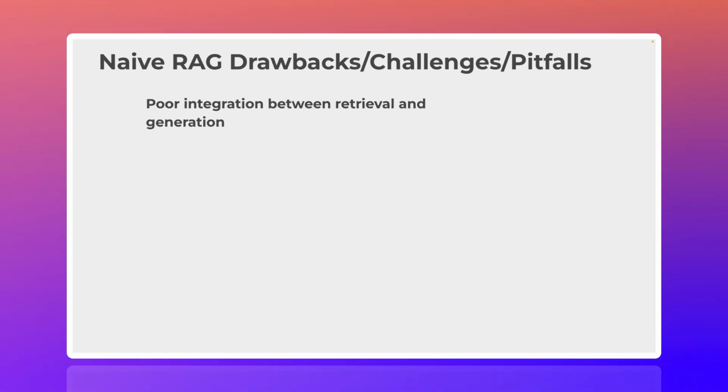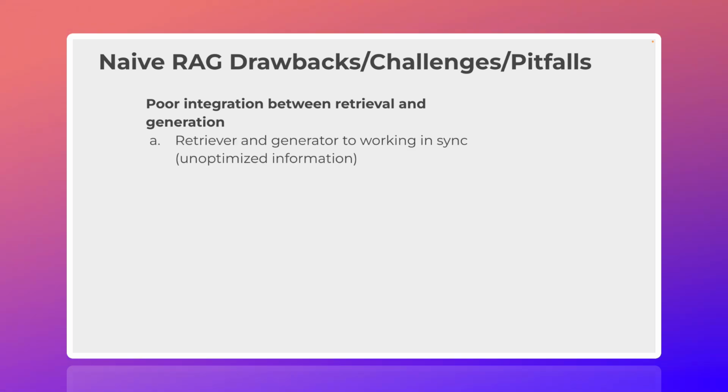The next one that we discuss is the poor integration between retrieval and generation. Because of the nature of naive RAG, the retriever and the generator components often operate independently. They are operating alone without optimizing their interactions, which, as you know, if two systems are not working in conjunction, the lack of synergy can lead to suboptimal performance, which means we end up with very unoptimized information being passed through.